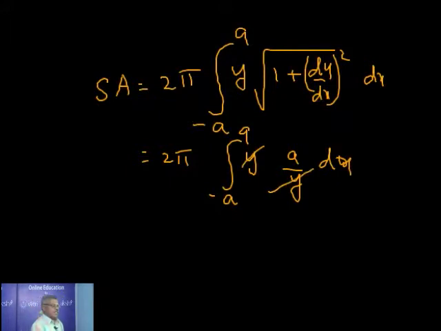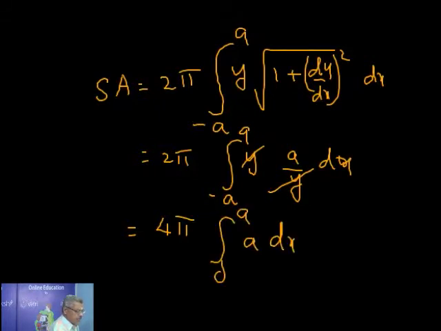We are getting a mere constant. A constant means automatically it is an even function. By applying the property of a definite integral, minus a to plus a f(x) dx is 2 times 0 to a. Already 2 is there, so we get 4 pi times the integral from 0 to a of dx. So ultimately 4 pi a is a constant taken out.